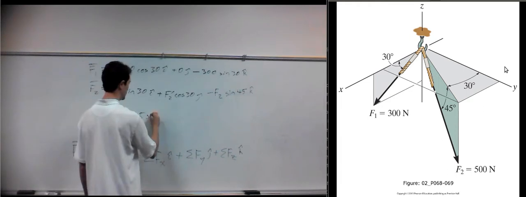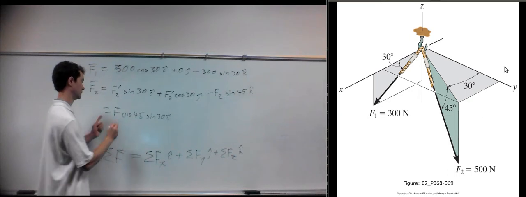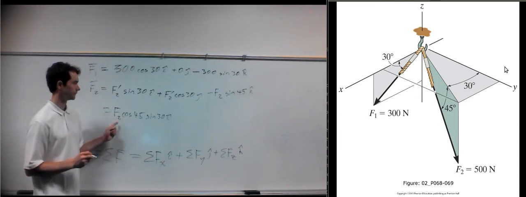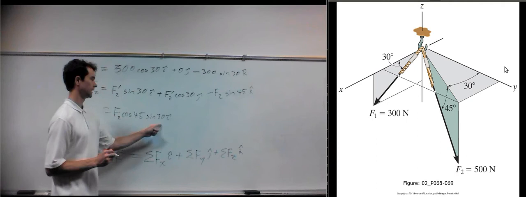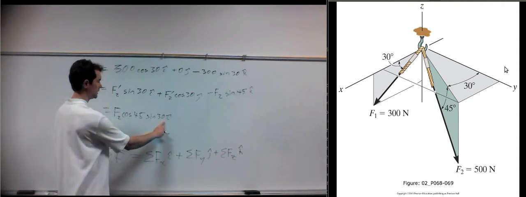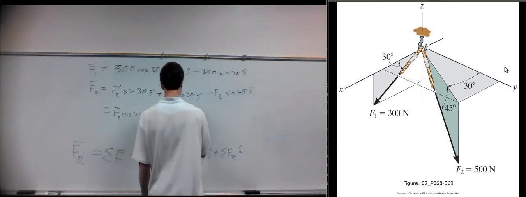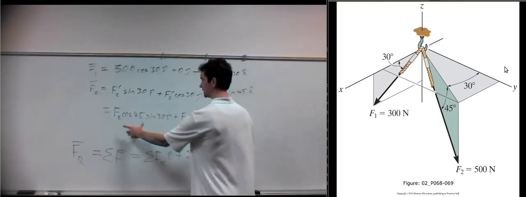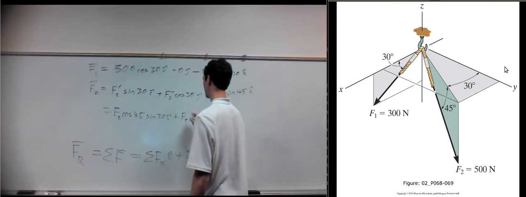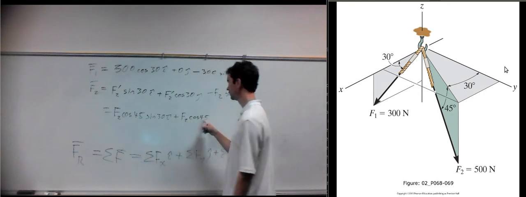So now we have, here's the x component of F2: F2 cosine 45 sine 30. So this right here gives you F2 prime, and then this right here gives you the x component, like from that equation. And again, just substituting for F2 prime here: F2 cosine 45.